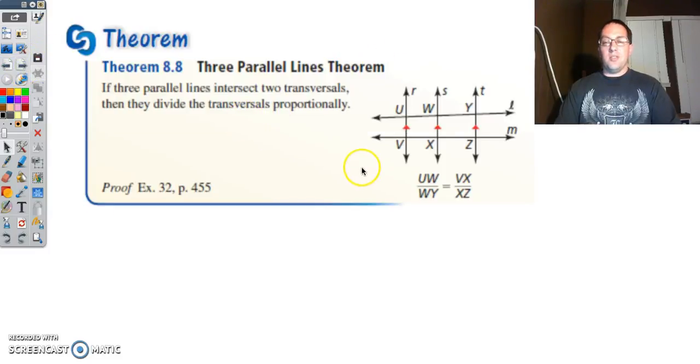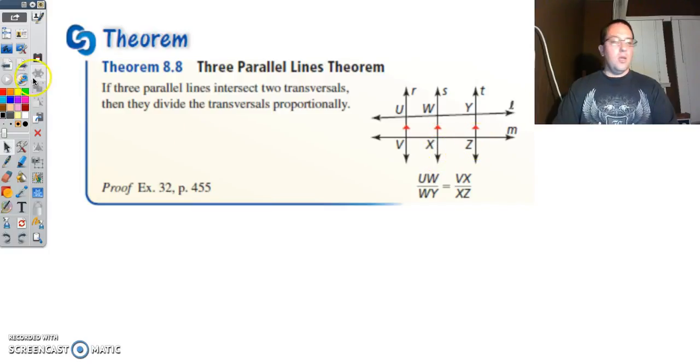This basically does the exact same thing. Since we have these three parallel lines, it cuts these two transversals into proportional pieces. So UW to YW is proportional to VX and XZ.